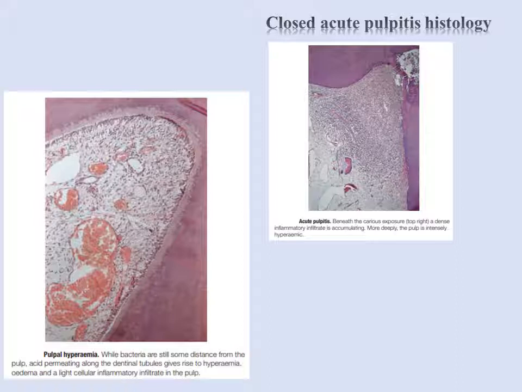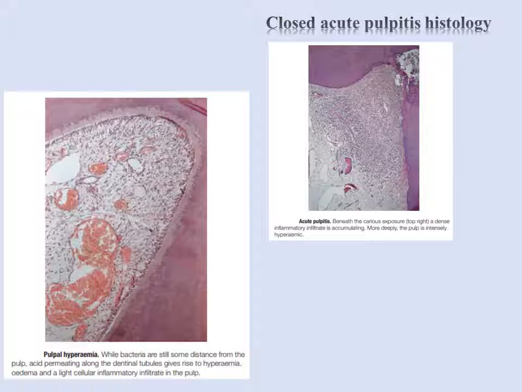If we compare it with the slide on our right side, beneath the caries exposure we have a dense inflammatory infiltrate and the pulp is intensely hyperemic. The most important characteristic is the destruction of the odontoblast layer in this area. If you see here, the odontoblasts are destroyed in this area, with inflammatory infiltration and blood supply.